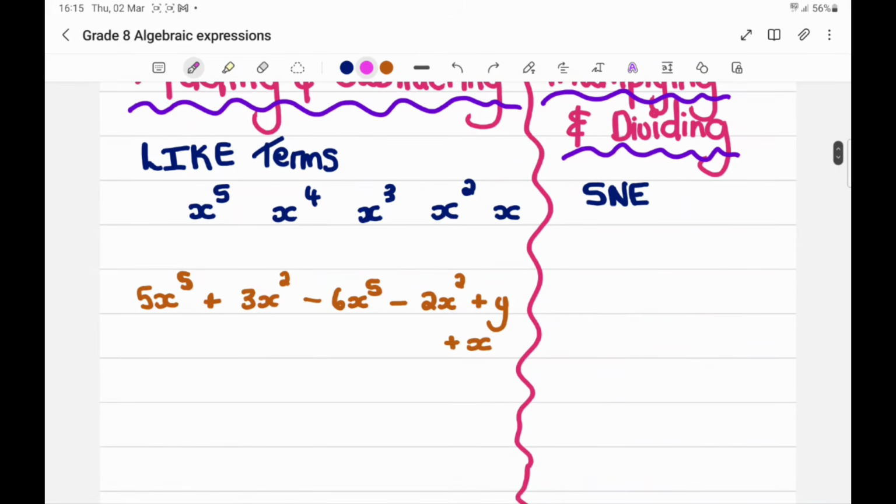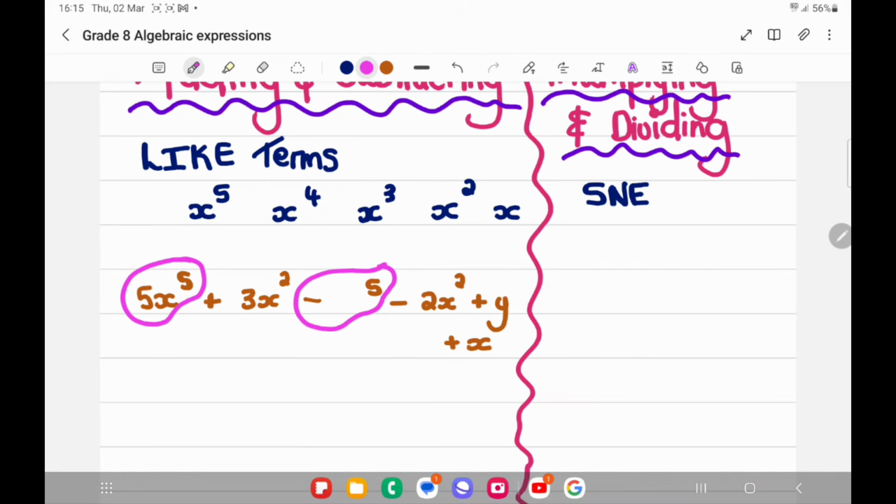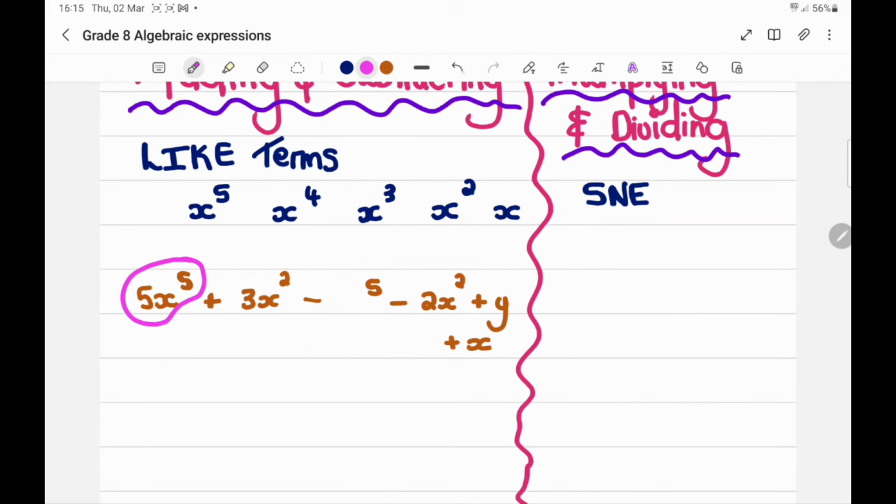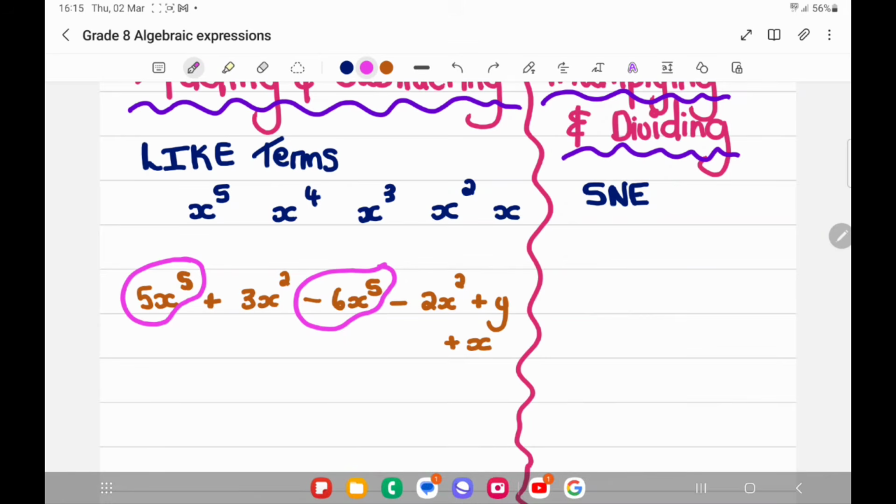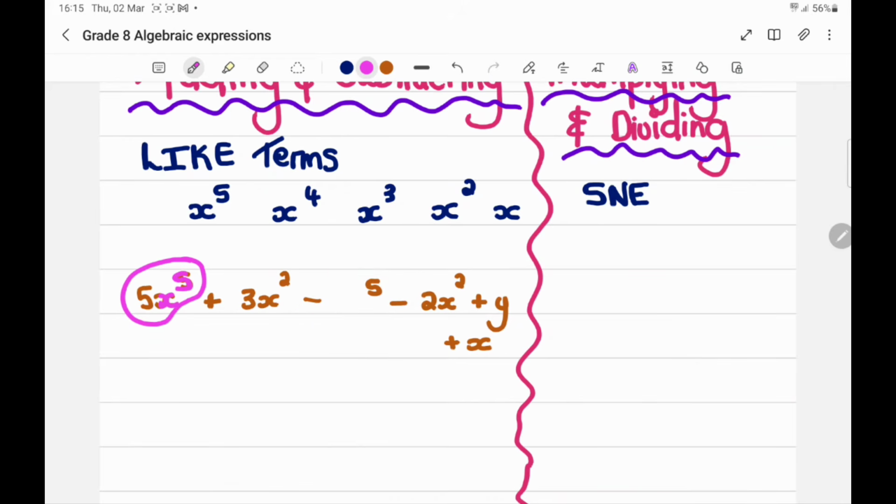All right. So the ones that are like terms are this one and this one. Can you see why? Because they've got the same base and the same exponent.